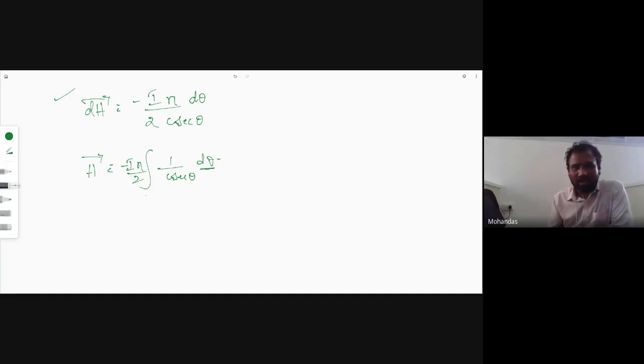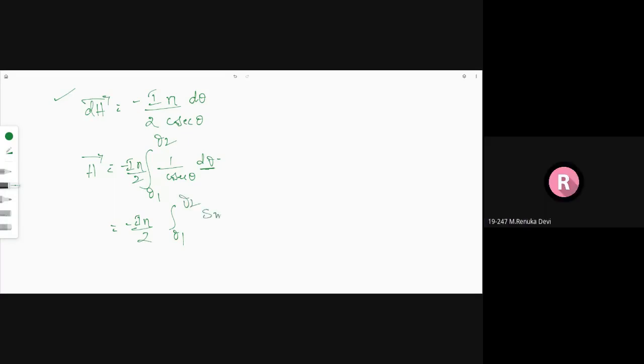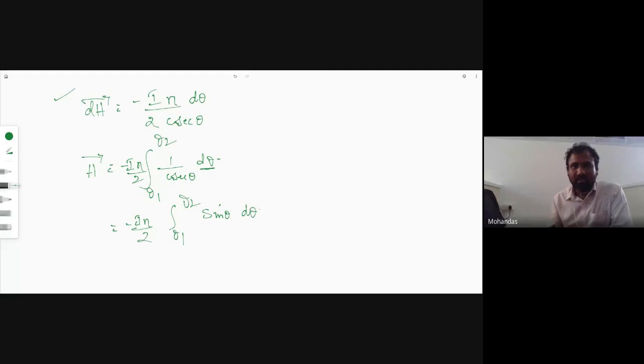What is the lower angle here? With respect to the lower end, theta 1. What is the angle made by the axis of the loop with respect to the upper end? Theta 2. So theta 1 and theta 2 are the angles. See here, minus I n by 2, theta 1 to theta 2. What is 1 by cosecant theta? Sin theta. Sin theta d theta.